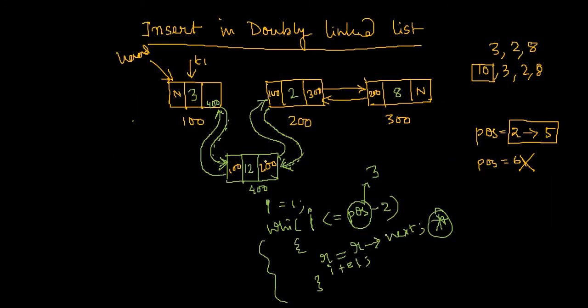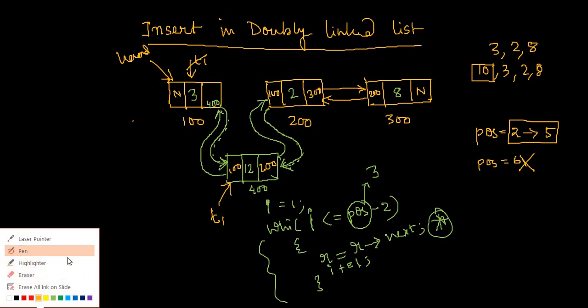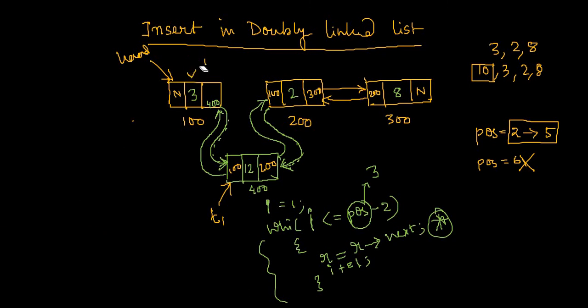And from the example also I can see that it is required that my T1 should point here, and running once, T1 will come here, right? And that I require. So I am correct. Logically, till now I am correct. So let's see now what will happen. Now what to do?